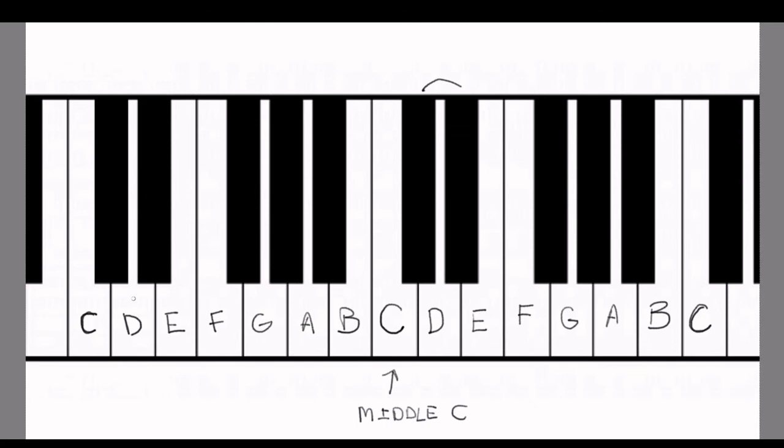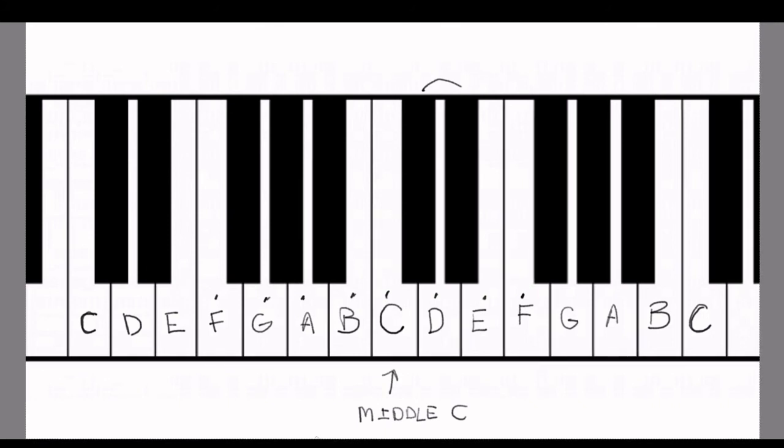So for instance, if I take the note D right here and I count up 8 notes from D, 1, 2, 3, 4, 5, 6, 7, 8, I will find that I land on another D. If I start from F and I go 1, 2, 3, 4, 5, 6, 7, 8, I land in the octave above on another F.